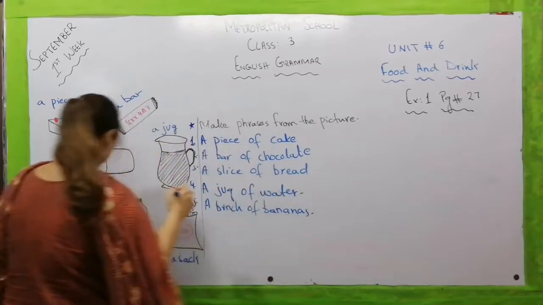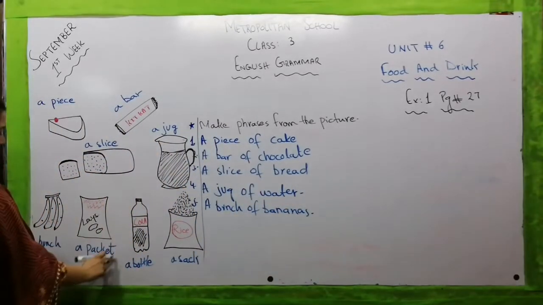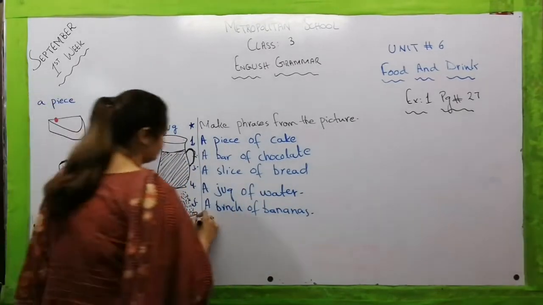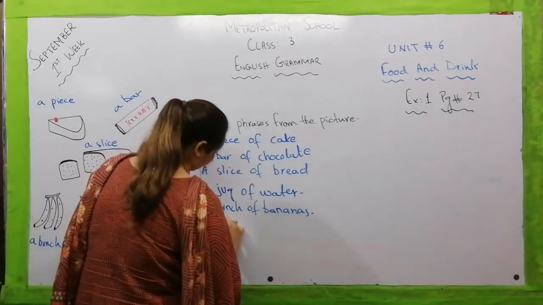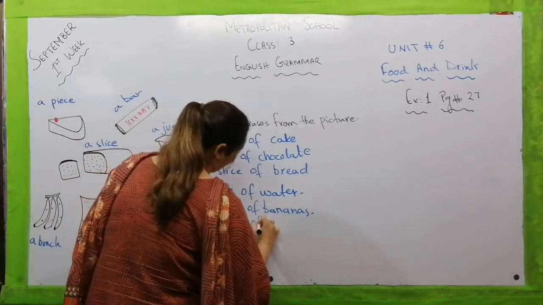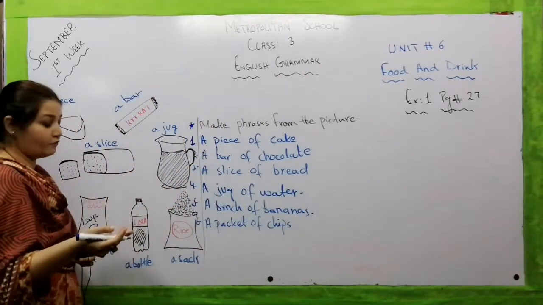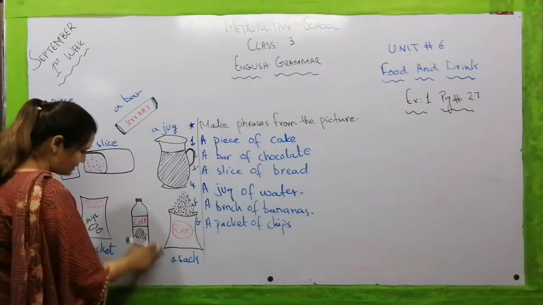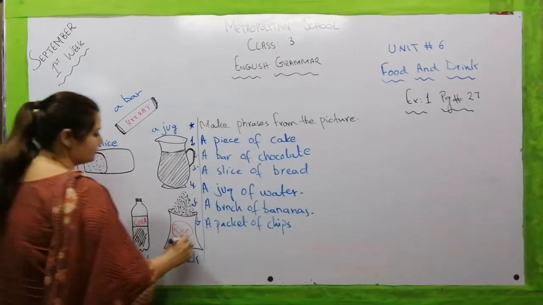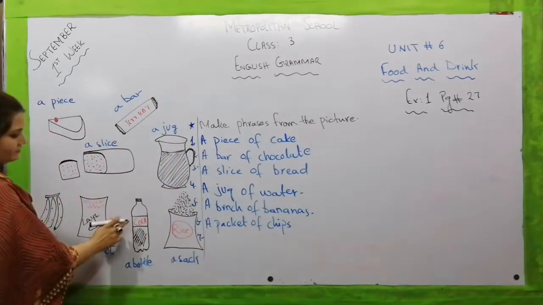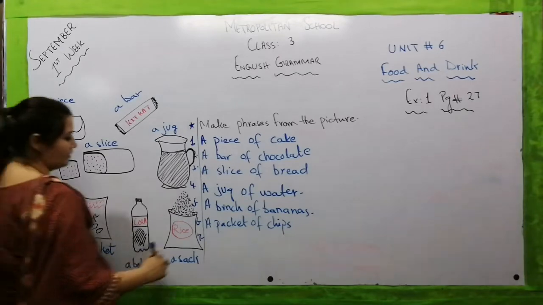bananas. Let's move towards the next picture. This is a packet of chips, or you can also say crisp, whatever you like. The next one is the bottle. This is the bottle of what is written here, cola.